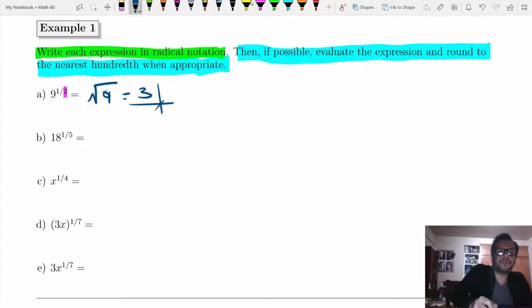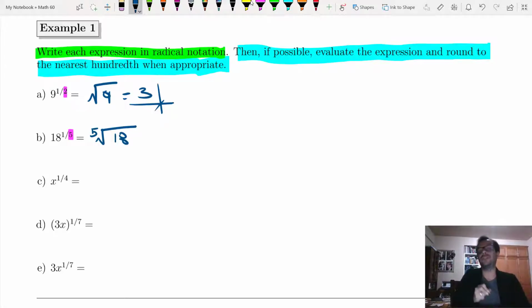For letter B, we have the number 18 to the 1/5 power. In this case, we are going to write down the radical symbol with 18 inside and the 5th root. So we are going to find the 5th root of 18.